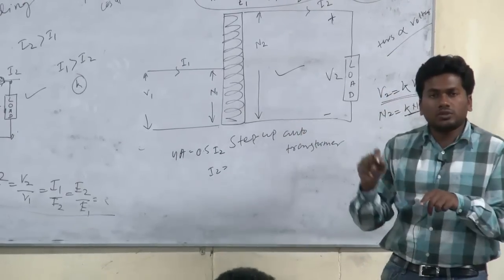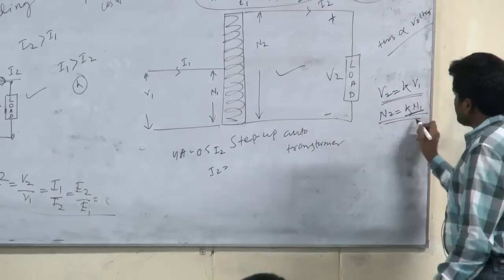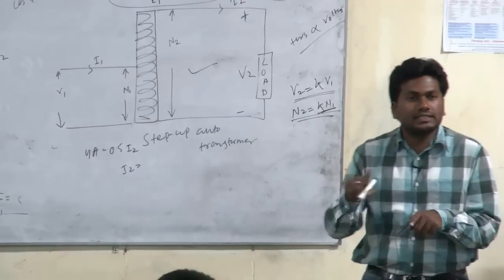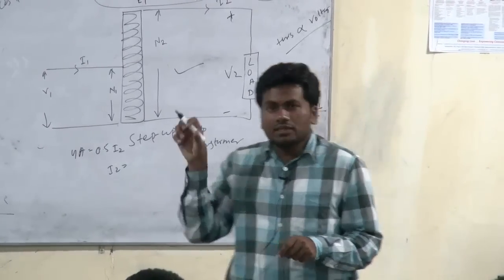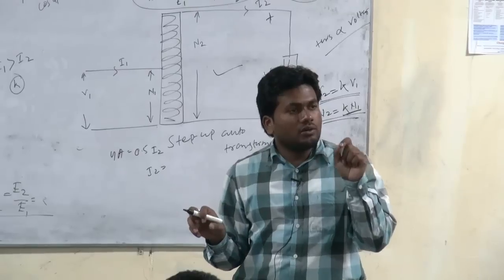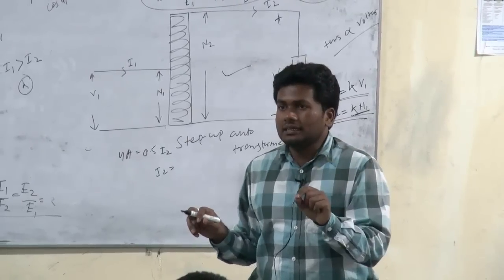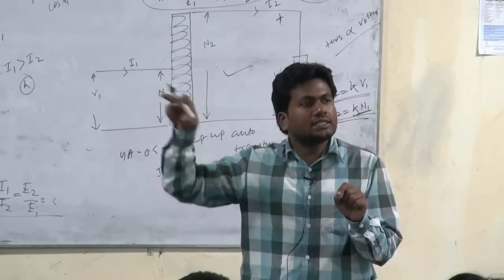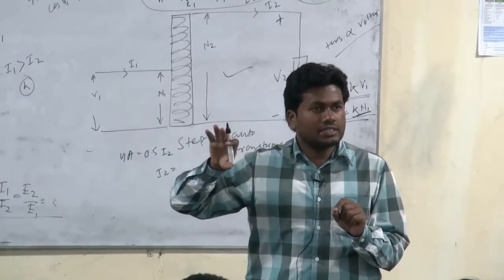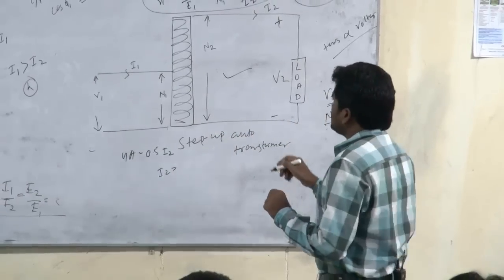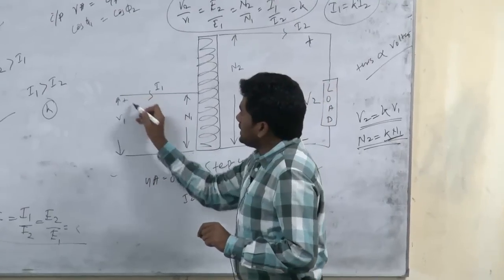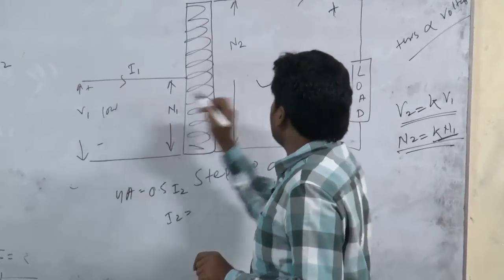So N2 equals K into N1. Now you have to decide the K value in such a manner that N2 and N1 balance. That means whatever voltage you apply on the primary side, you should get more than that voltage on the secondary side. Are you understanding or not? This voltage is less and this voltage is more.